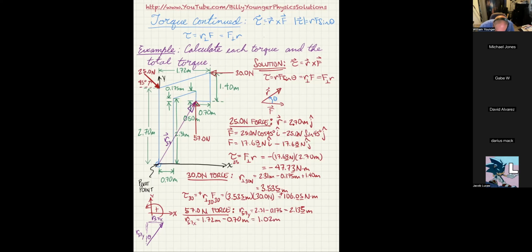So this means that theta is equal to the tangent inverse of the x component, which is 1.02 meters, divided by the y component, which is 2.135 meters. I'll take tangent inverse, so I hit shift tangent inverse, and I take 1.02 divided by 2.135, and that's going to give me 25.54.